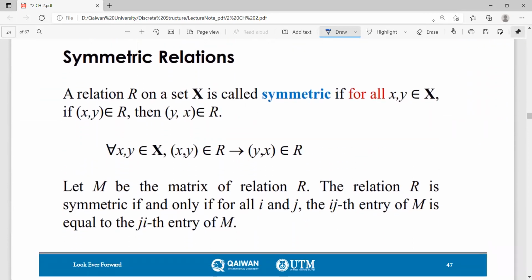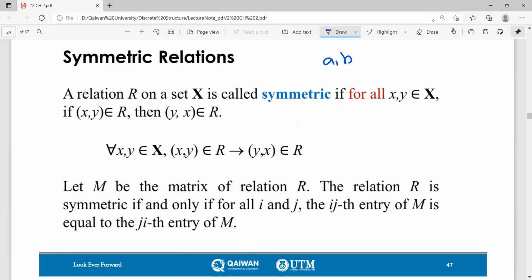It was the first property, and it said that's reflexive. Then the second one is symmetry, the symmetric relation. For the symmetric relation, we say if we have (A, B), that means A is related to B, then we must have (B, A). It means B must relate to A also.